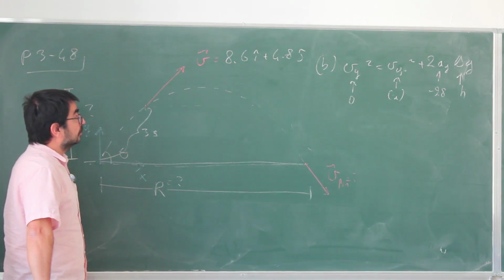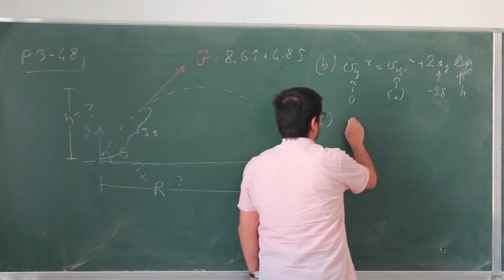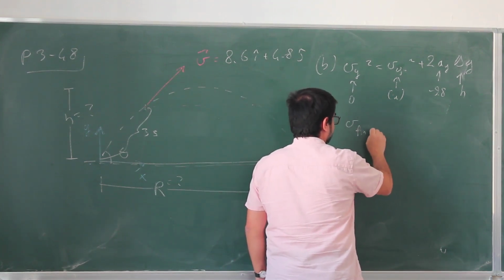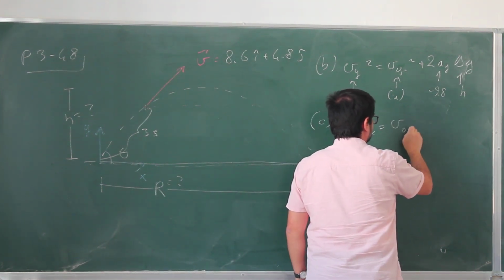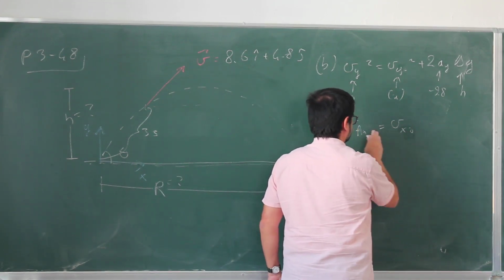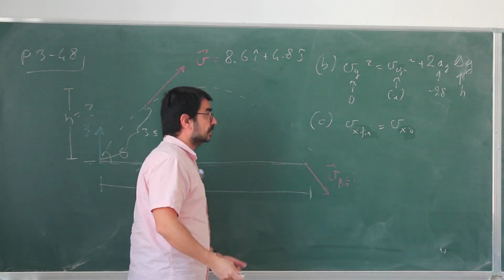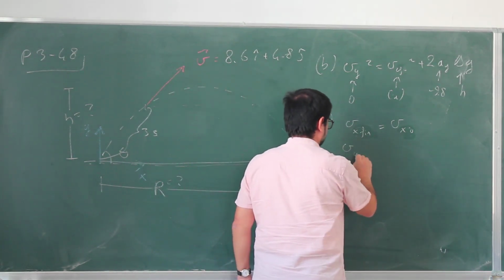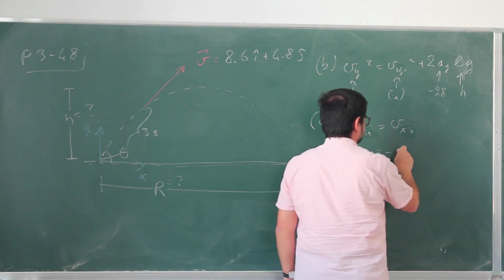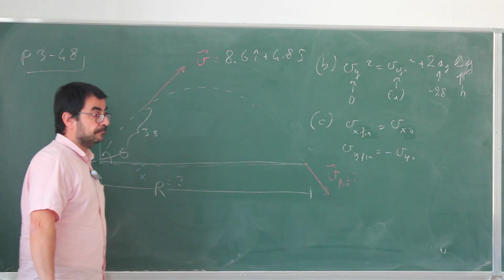Now, for the final part, or part C, the V final x component is going to be V0x. The x component, or I kept calling this x0, so let's call this x final. And for the y component, Vy final is going to be minus Vy0. Okay?